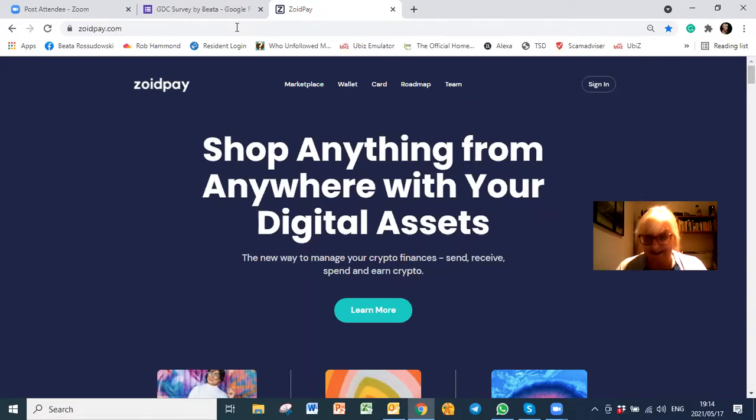They're not yet. What's going to happen is there's going to be an email sent around the 24th, 25th of this month, where you will be confirming the transfer of your ZoidPay coins from your dashboard right here, where they're stored right now, into your wallet, which is the ZoidPay wallet that most of us will have on our phones.